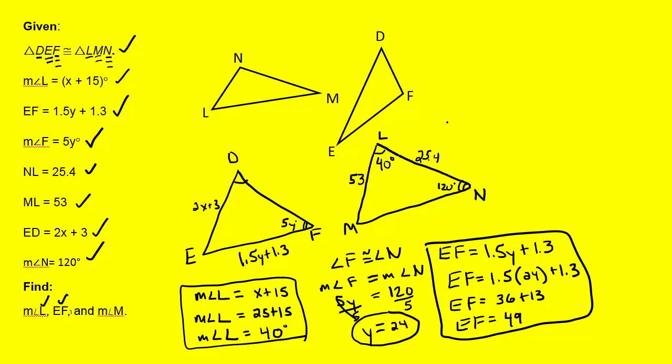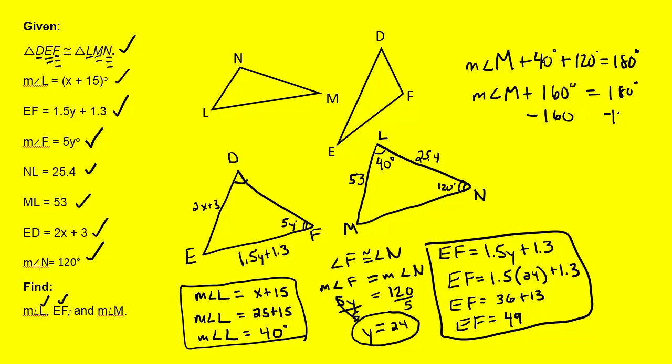So the measure of angle M plus 40 degrees plus 120 degrees has to equal 180 degrees. If I simplify, the measure of angle M plus 160 degrees equals 180 degrees. Subtracting 160 from both sides, we get the measure of angle M equals 20 degrees.